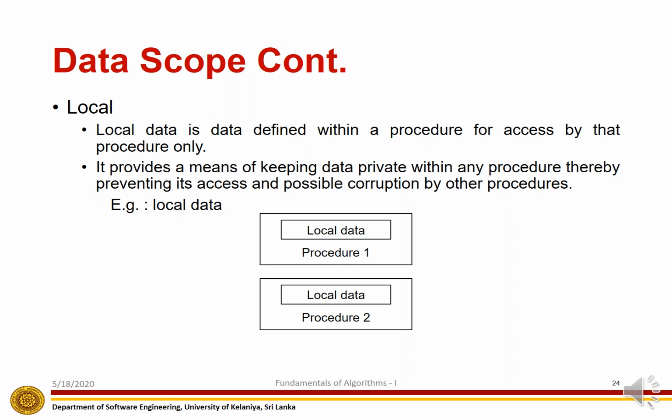It provides privacy within any procedure, thereby preventing its access and possible corruption by other procedures. For example, you can see we define data for each procedure separately. Those are local variables, so other procedures cannot access and change the local data.